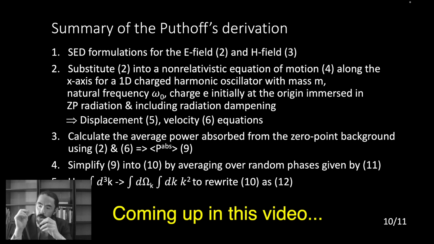So while it doesn't prove that the zero-point field exists, it's starting to build up strength to the argument that it would be worthwhile to come up with a more rigorous, perhaps experimental vindication or observation of the zero-point energy fluctuations.